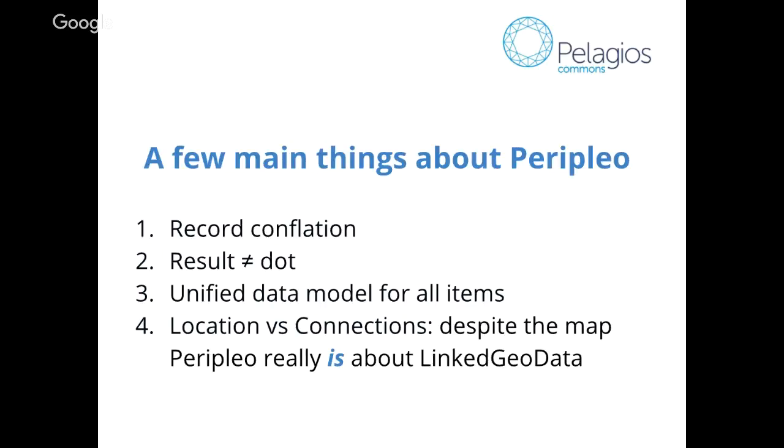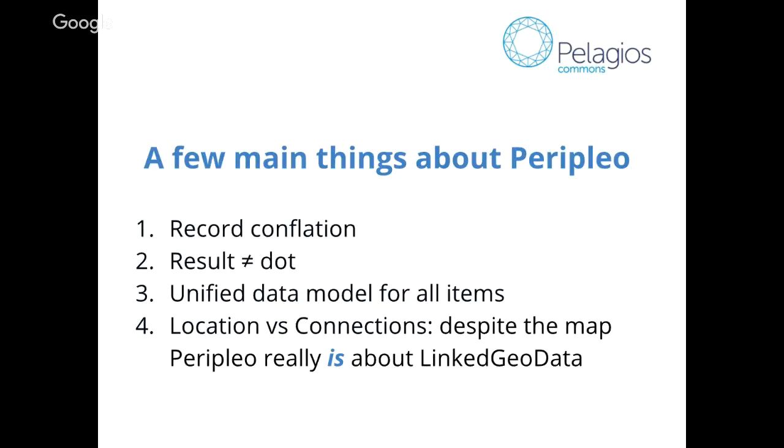And this brings us to the last point, which is that compared to other systems that are really heavily focusing on the location, the actual GIS coordinates and where places are, Peripleo is more of a focus on the connections.